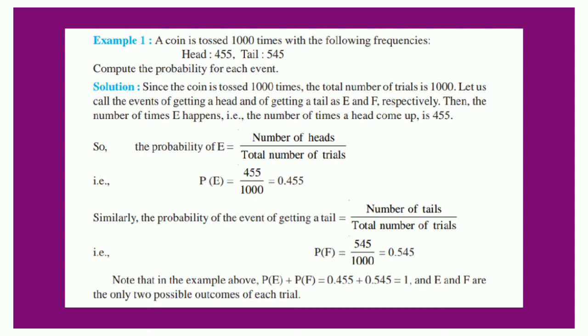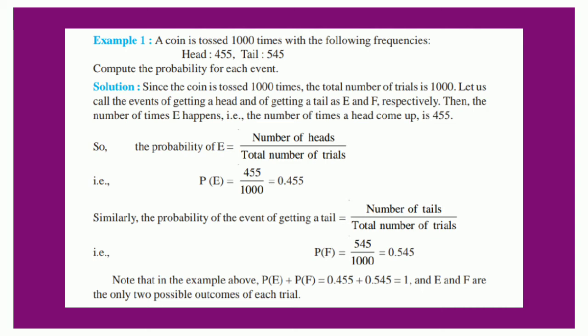That is P of F is equal to 545 divided by 1000, that is equal to 0.545. Then you understand one more fact. Add the total probability, that is P of E and P of F. Add these two probabilities, you will get 1. That is P of E plus P of F is equal to 0.455 plus 0.545, that's equal to 1.